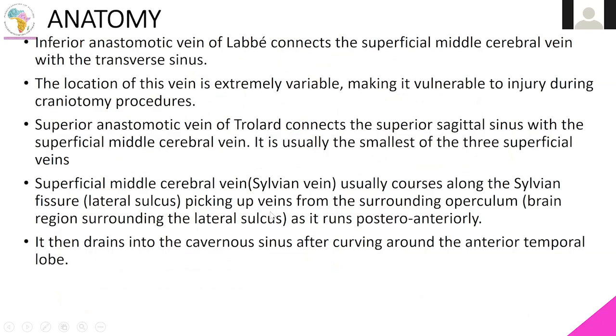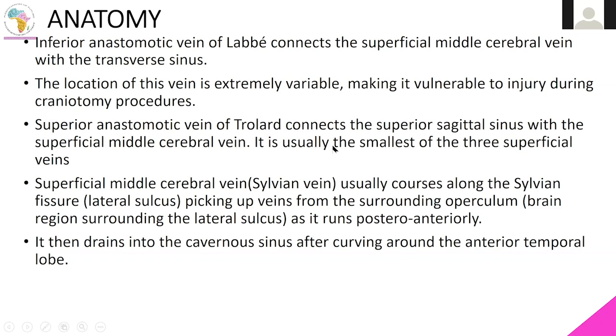The inferior anastomotic vein of Labbé connects the superficial middle cerebral vein with the transverse sinuses, as I just showed. The location of this vein is extremely variable, making it vulnerable to injury during craniotomy procedures. The superior anastomotic vein of Trolard connects the superior sagittal sinus with the superficial middle cerebral vein, also called the Sylvian vein.